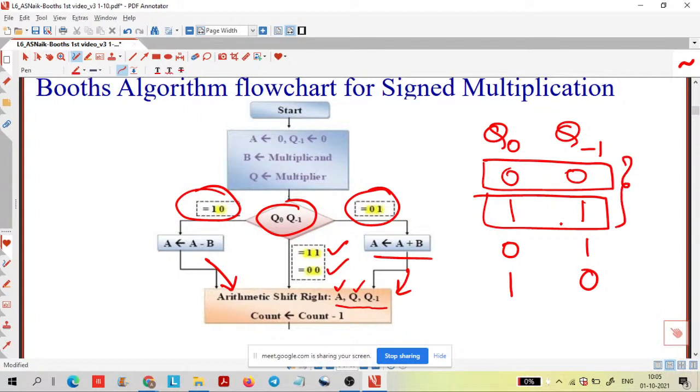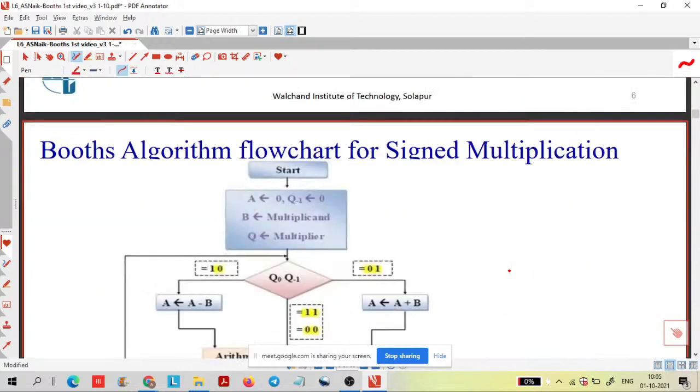If 0 1, then you perform A plus B, then the arithmetic shift operation. And 1 0, A minus B, then the shift operation. So that is the rule.